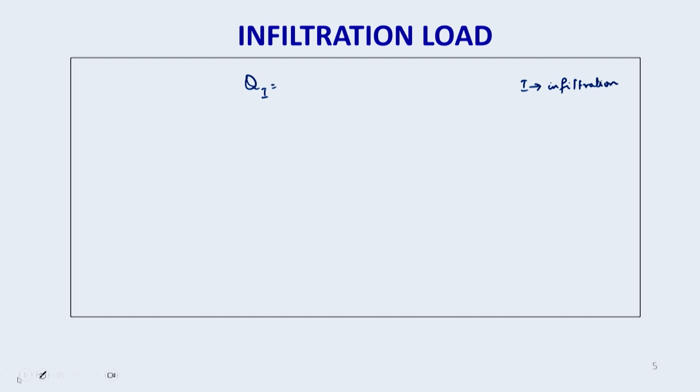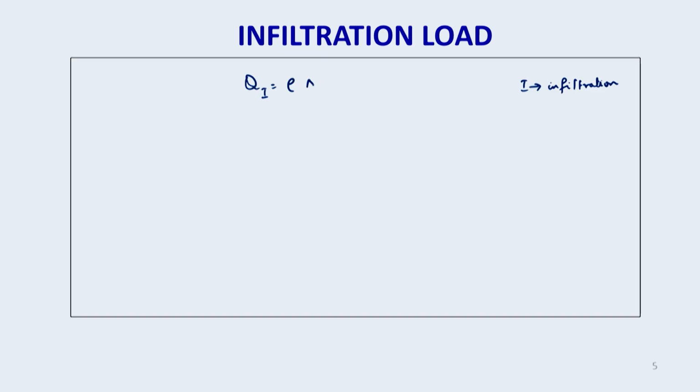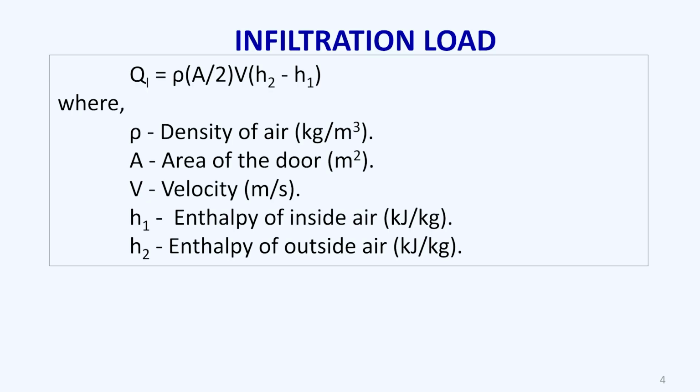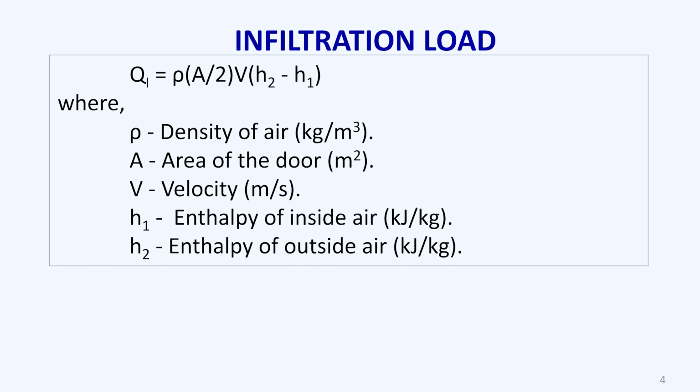So this is equal to rho into A by 2, density into A by 2 into velocity into H2 minus H1, that is the enthalpy difference of the air. Here A refers to the area of the door. Only half the area of the door is considered. That's why it is divided by 2.